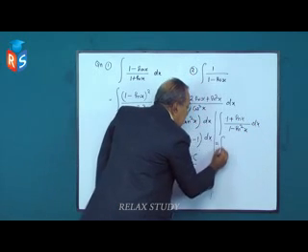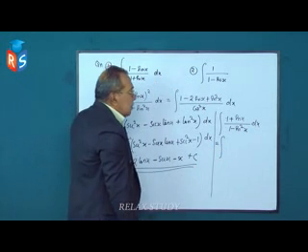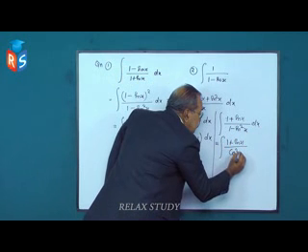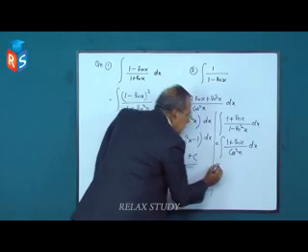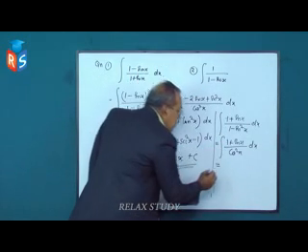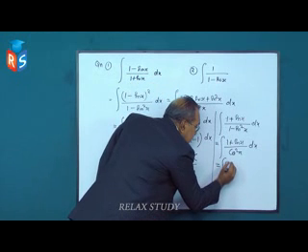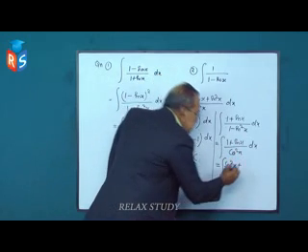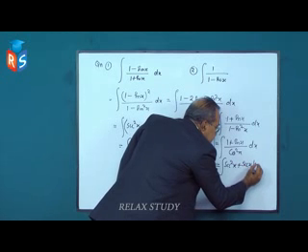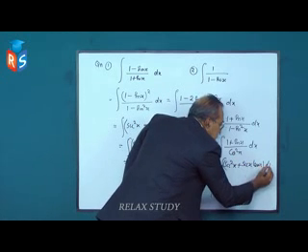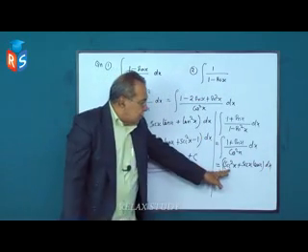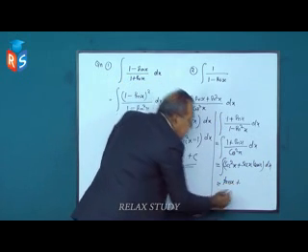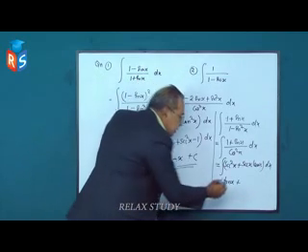That is integral of 1 plus sin x by cos squared x, which is 1 by cos squared x equal to sec squared x, plus sin x by cos squared x equal to sec x tan x. This is equal to integral of sec squared x, which is tan x, plus integral of sec x tan x, which is sec x.